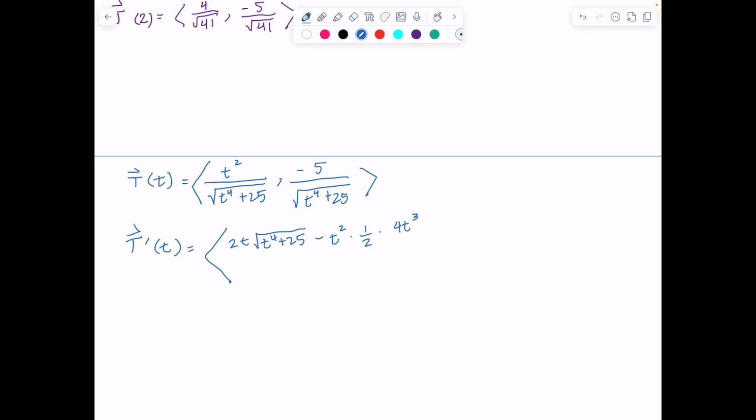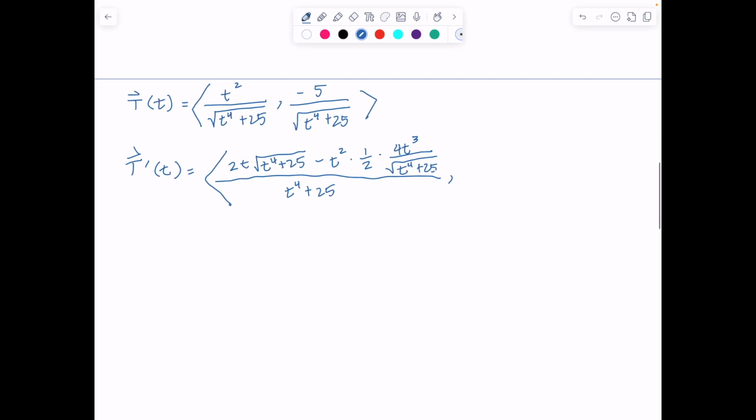The chain rule gives us 4t cubed in the numerator, and then we're going to have t to the fourth plus 25 to the negative 1/2, which looks like this in radical notation, all over the denominator squared is t to the fourth plus 25. On the other side, we basically have negative 5 times the quantity t to the fourth plus 25 to the negative 1/2.